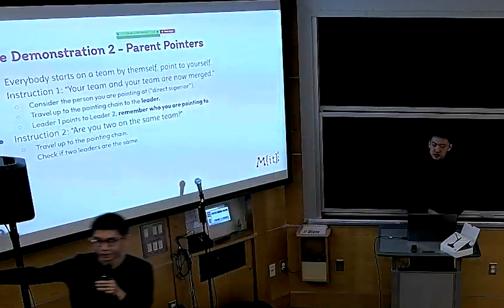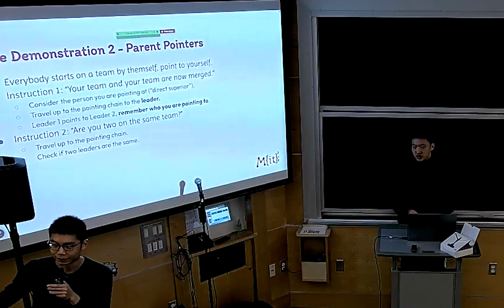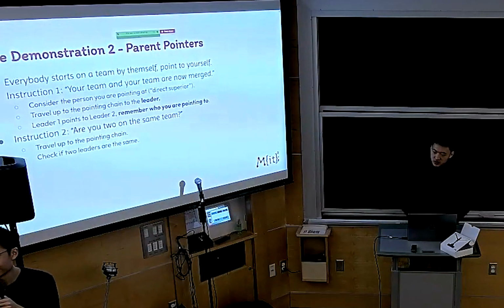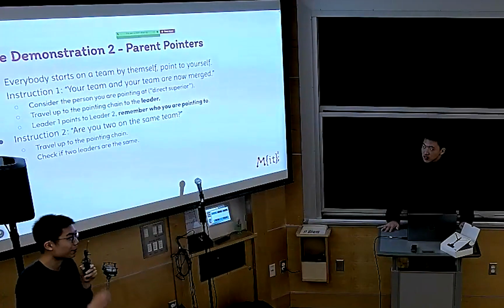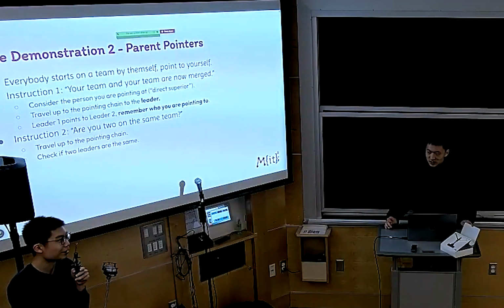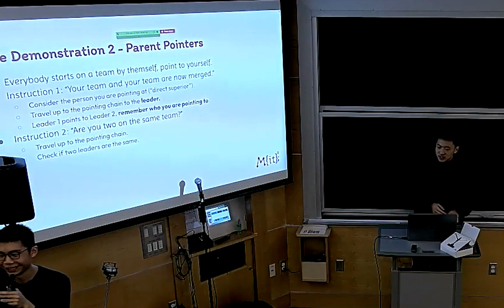As an example, let's start with here. So you two are now merged, but don't remember who's on your team. You now point to Jared. These are called parent pointers in algorithms, but we'll actually do pointing. So could you point here?